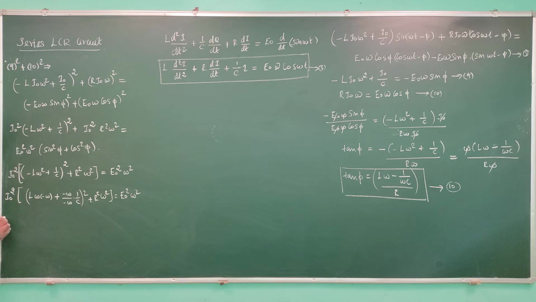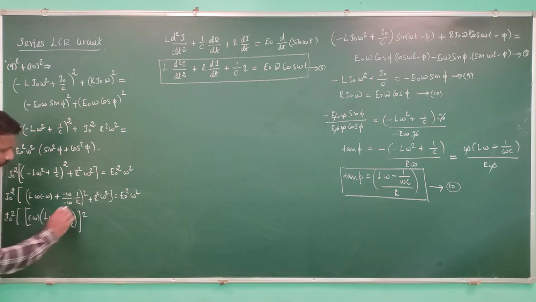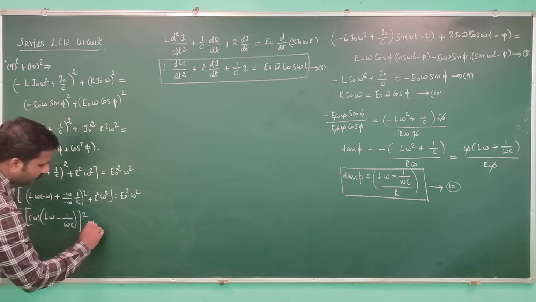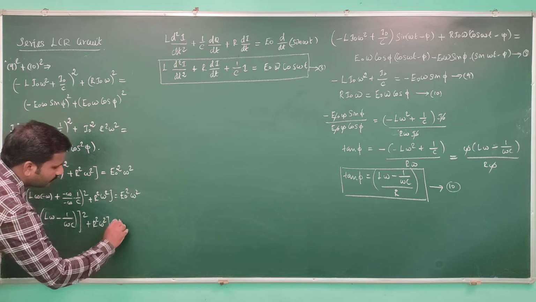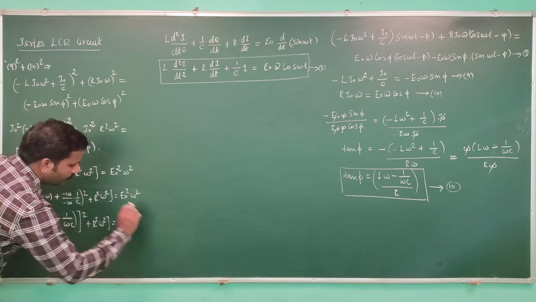Now if I take omega as a common term from this, I can take minus omega, so that I can rewrite this equation as, okay, what I can write, minus omega into L omega minus of 1 by omega C the whole square plus r square omega square, which is equal to E naught square omega square.